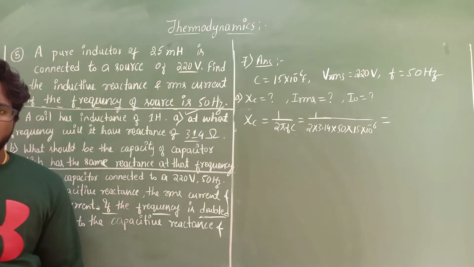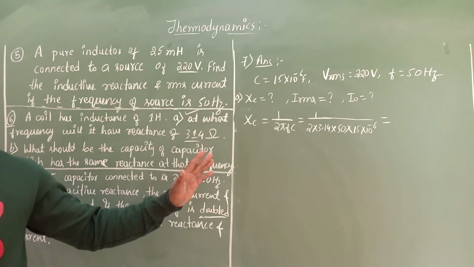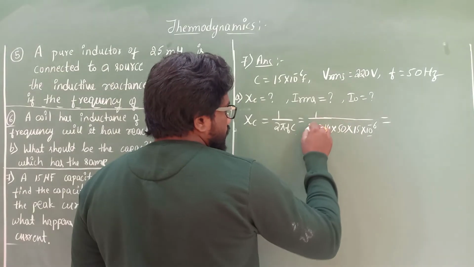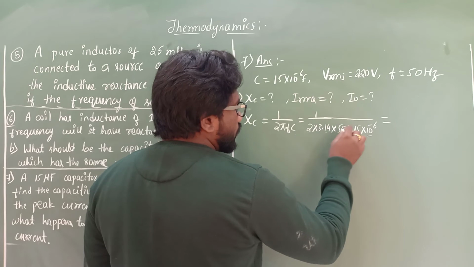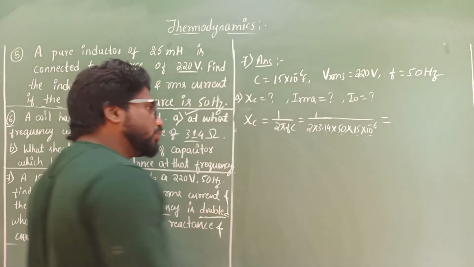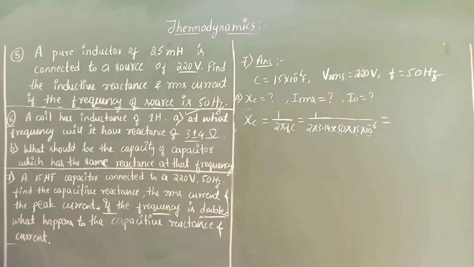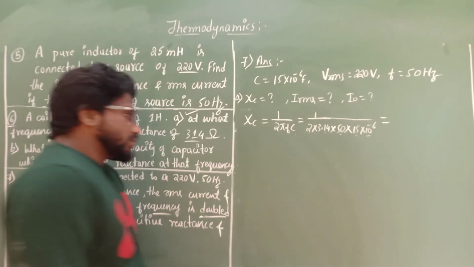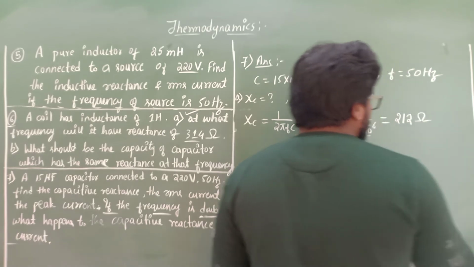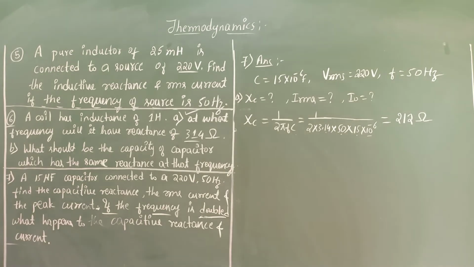I hope you know how to simplify this. First forget about the power: do 2 into 3.14 into 50 into 15, take 1 divided by that answer, into 10 power plus 6, because it goes to the numerator. You will get the answer as 212 ohm. That is the capacitive reactance.